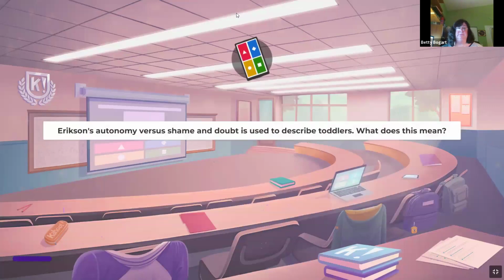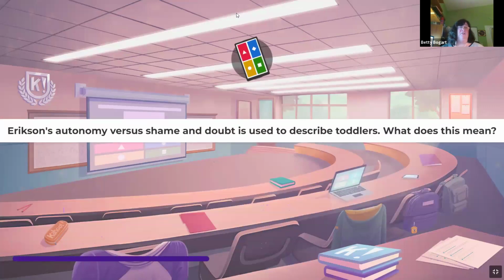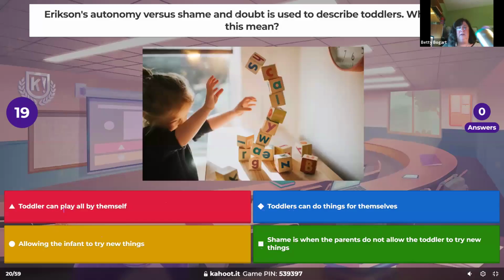Erikson's autonomy versus shame and doubt is used to describe toddlers. What does this mean?